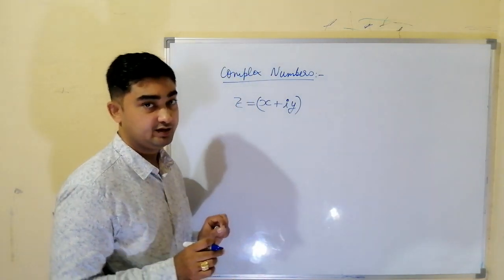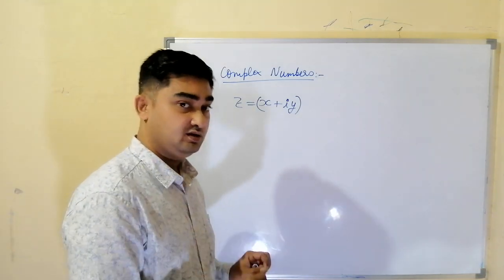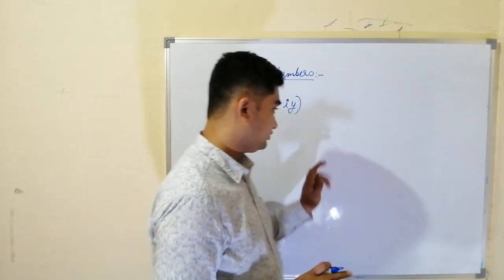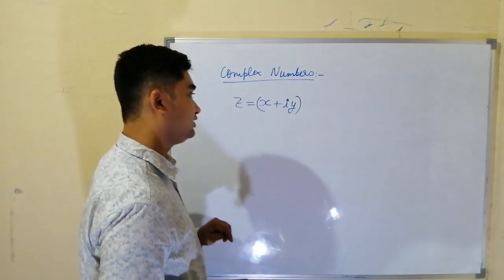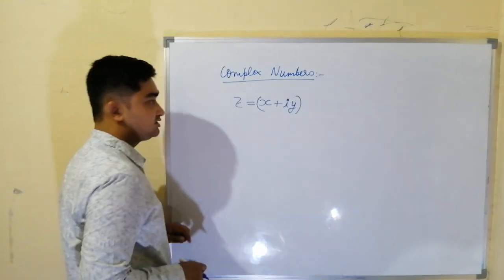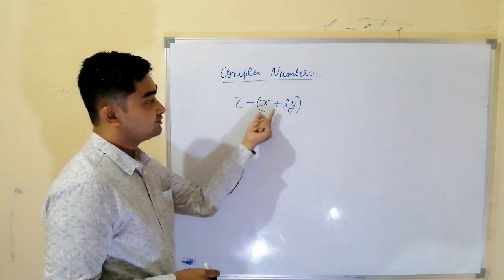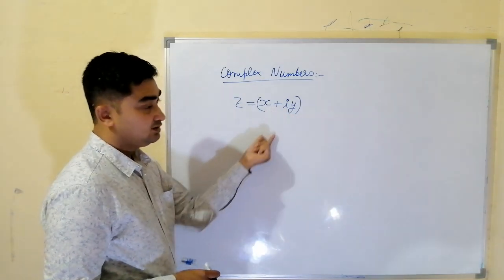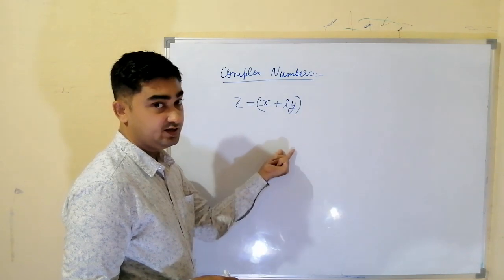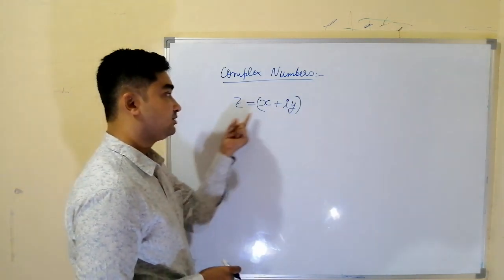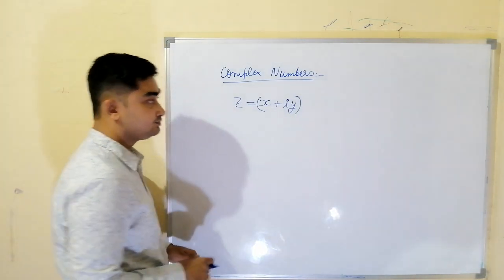They may be rational, irrational, integers, fractions, whatever. Complex numbers are made up of two parts. One part is the real part, another part is the imaginary part, and both are added to represent the complex number.